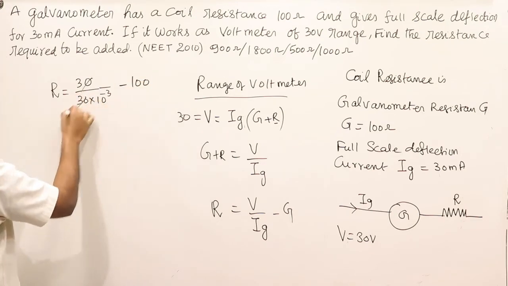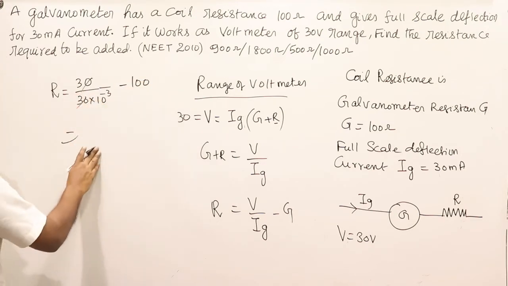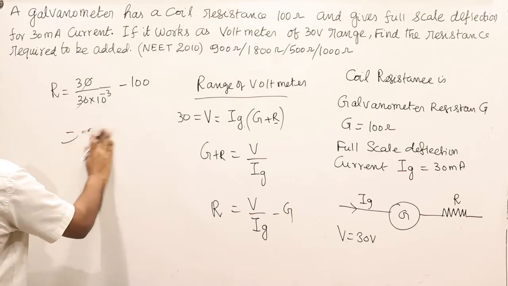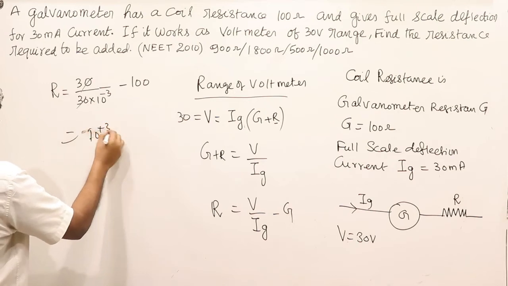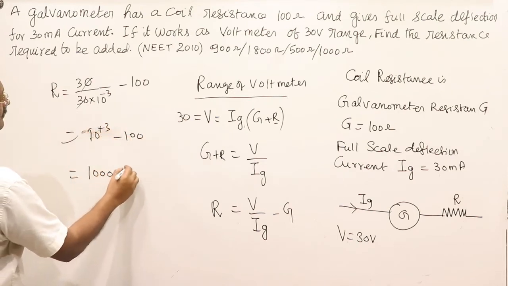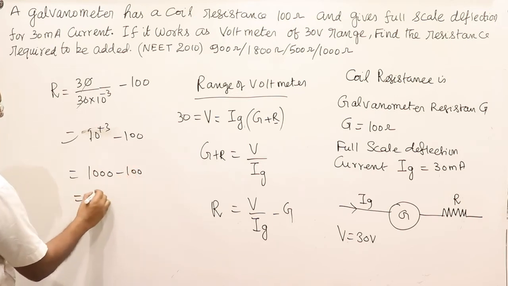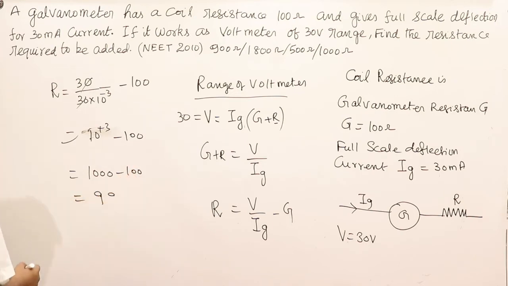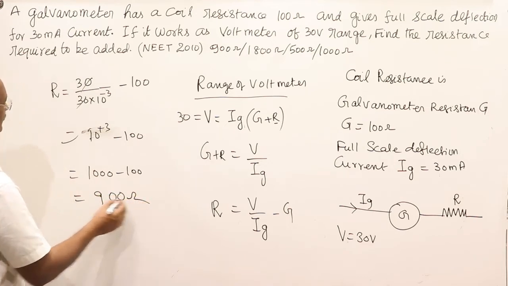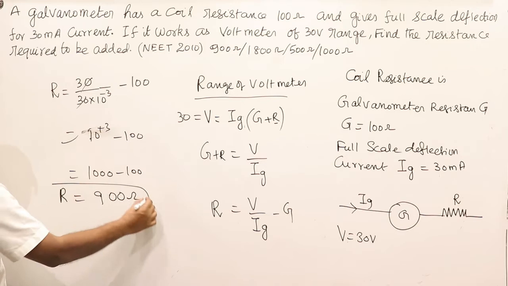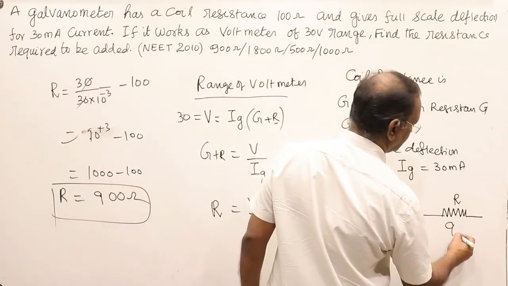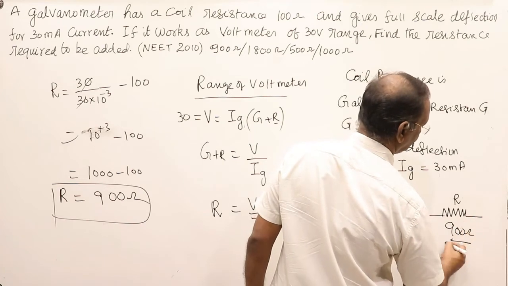So this becomes 1000 minus 100, which is equal to 900 ohm. This is the resistance to be added.